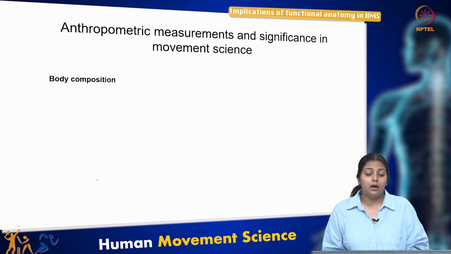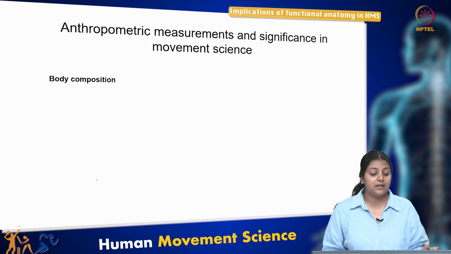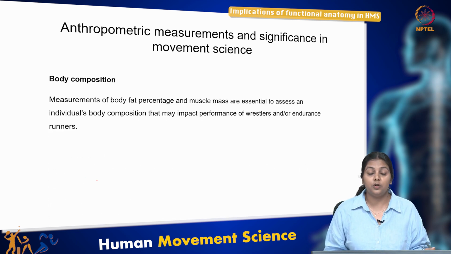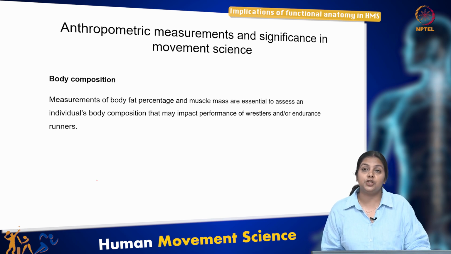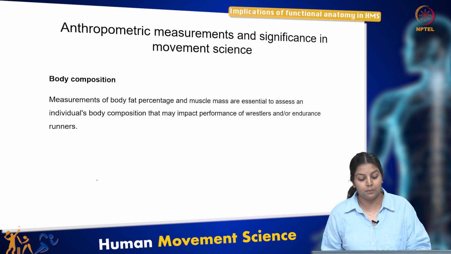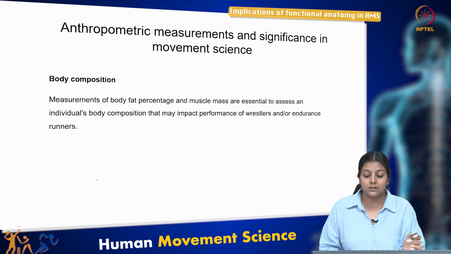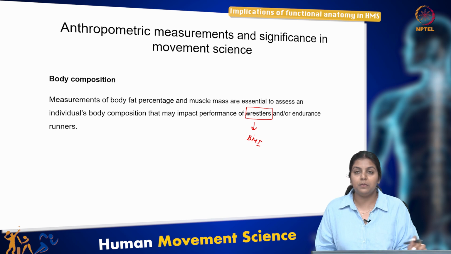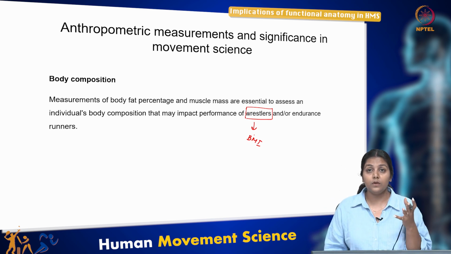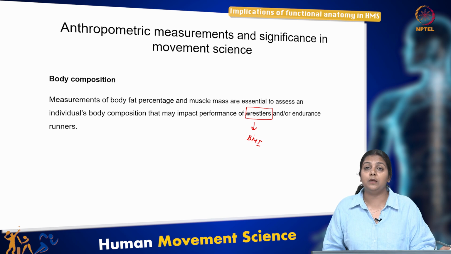Another important significance of anthropometry is body composition. So as we've looked at, measurements of body fat percentage and muscle mass are essential for us to assess an individual's body composition that may have an impact on performance. So for example, wrestlers need to maintain a certain weight or gain a certain weight. So BMI, which is your body mass index, you need to maintain a certain BMI to be able to compete and to be able to perform effectively.